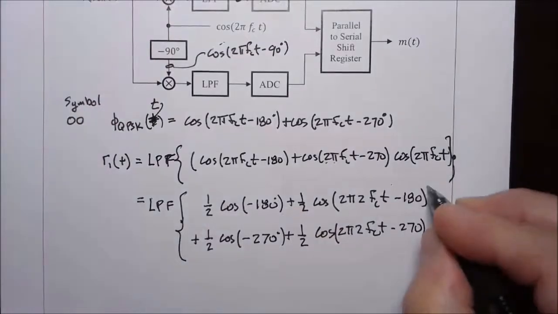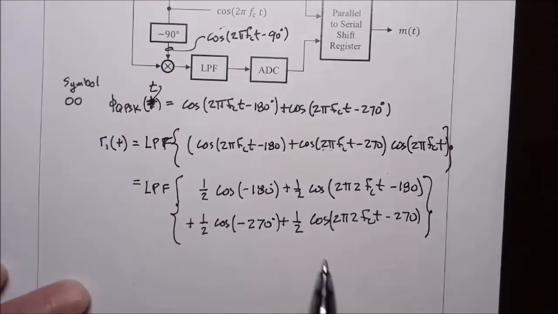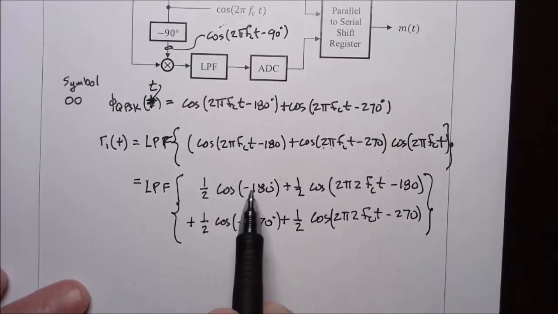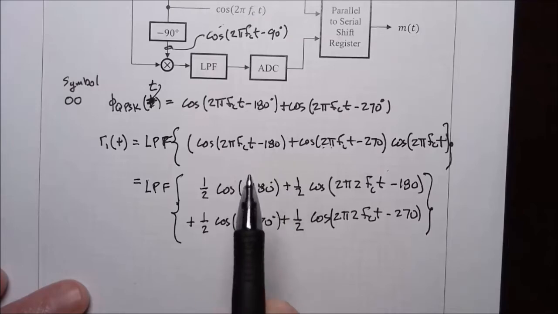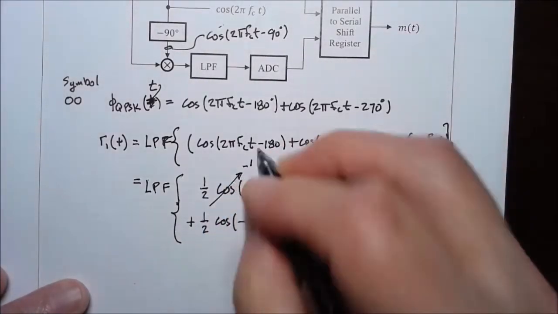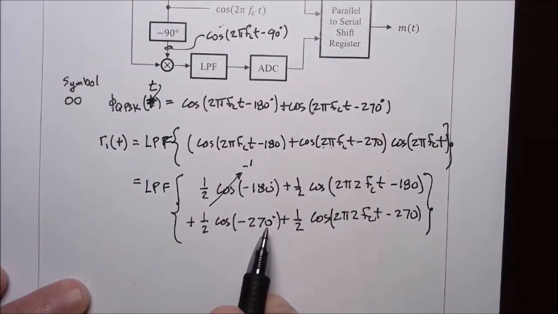Okay, so we need to then low pass filter those four terms. So 1/2 cosine of minus 180 is minus 1/2. And 1/2 cosine of 270 is going to be 0.